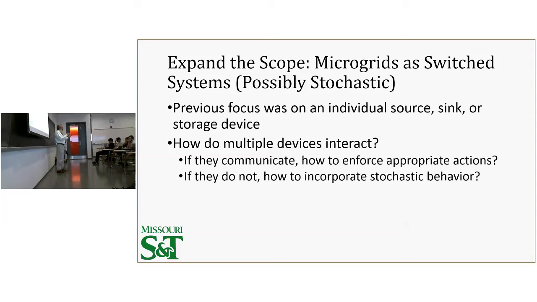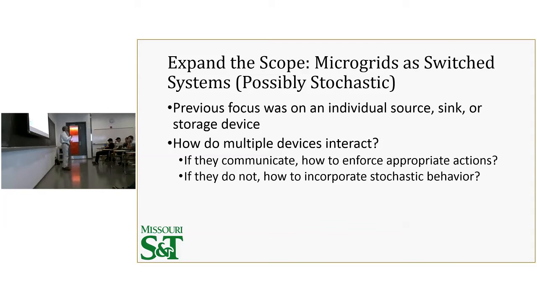Well, what kind of grid does it connect to? Let's look at a microgrid that might have many of these devices on it. So expand the scope of our work a little bit. Instead of just looking at one device, let's look at multiple devices. And we have two scenarios when we have multiple devices.